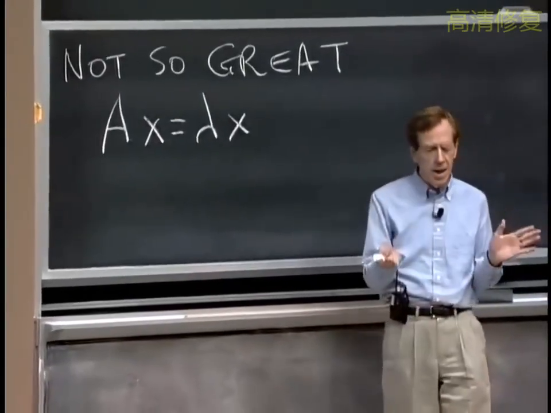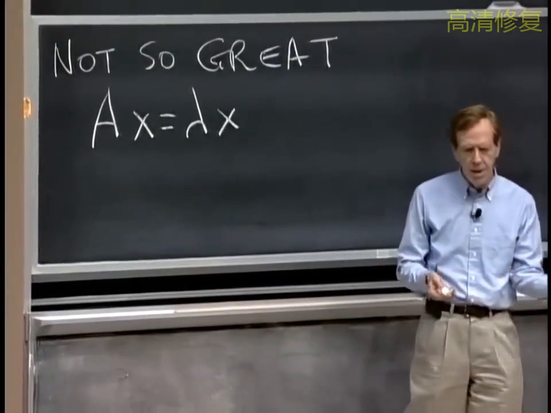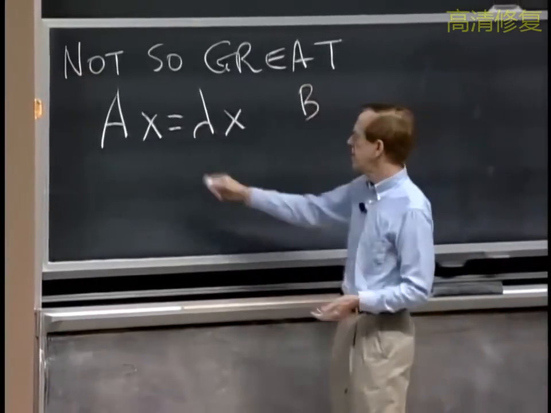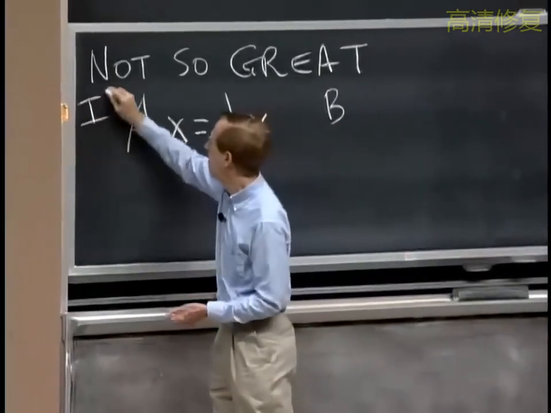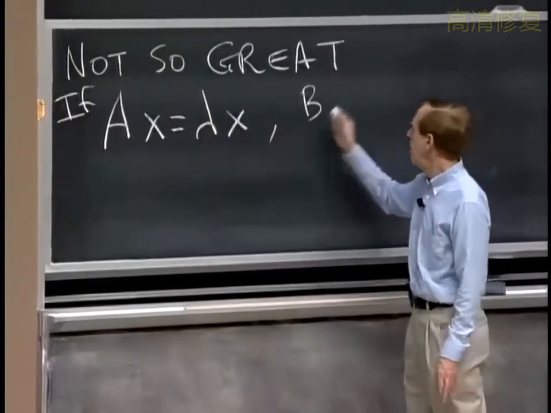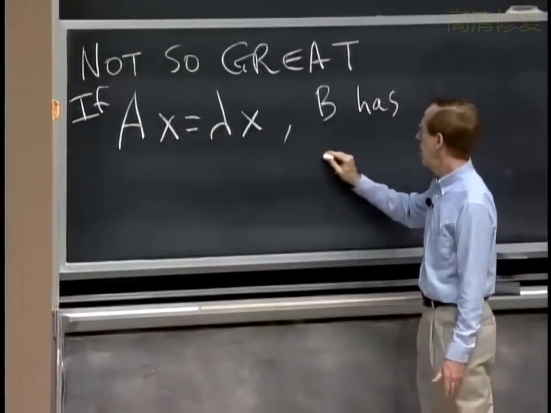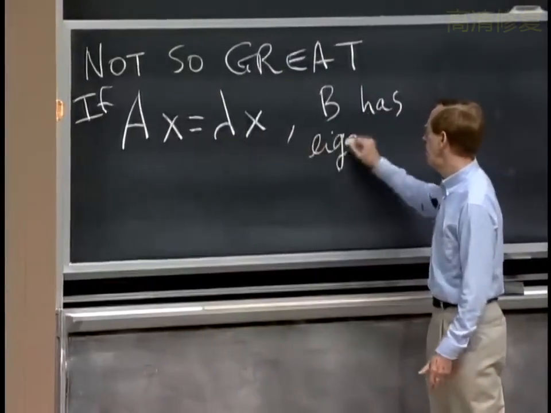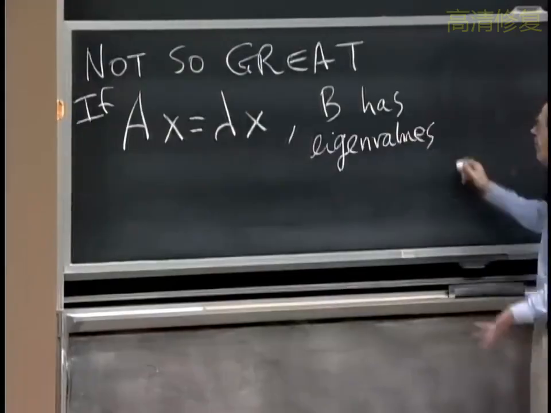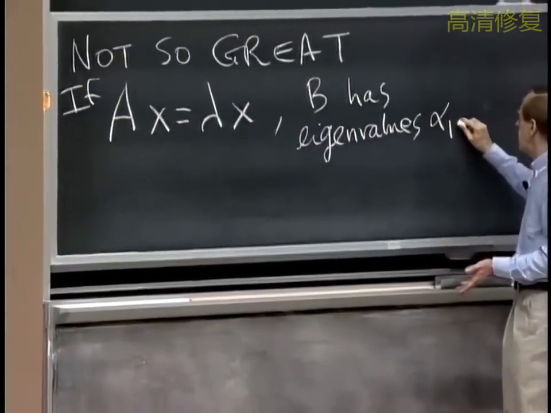What I'm asking you is, if you know the eigenvalues of A, and you know the eigenvalues of B, suppose B has eigenvalues, what shall we call them, alpha.